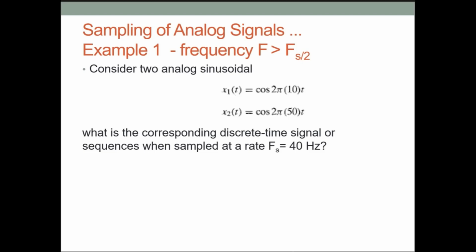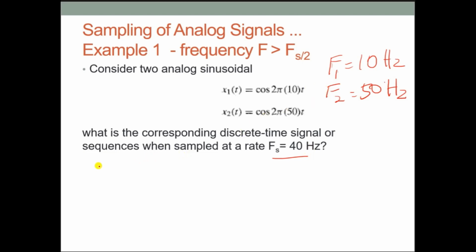So here you have F1 equals 10 hertz and F2 equals 50 hertz. You are sampling these two frequencies with the same sampling frequency.